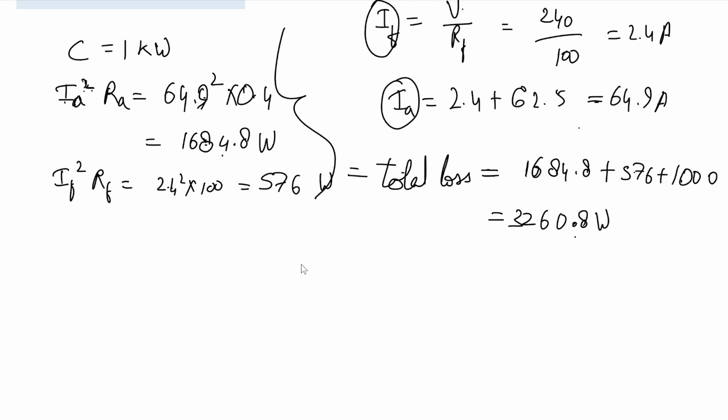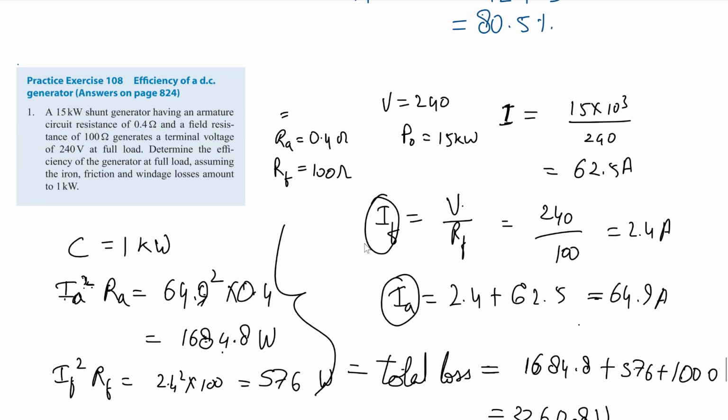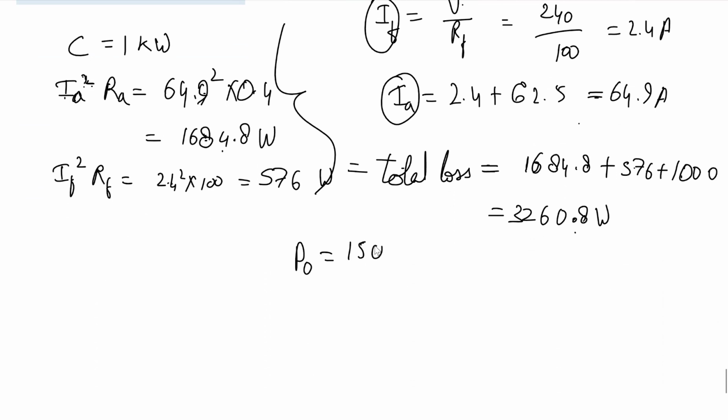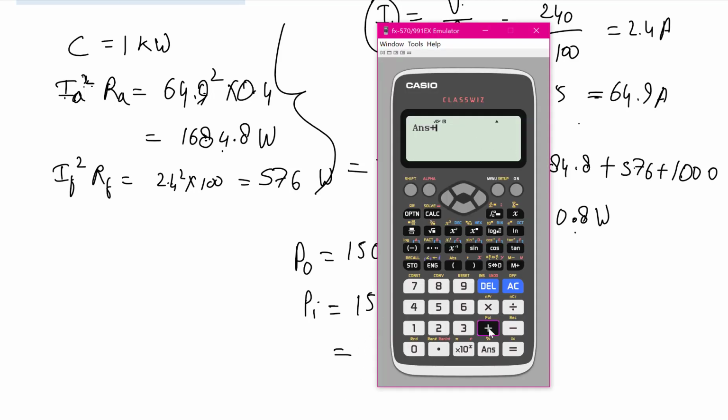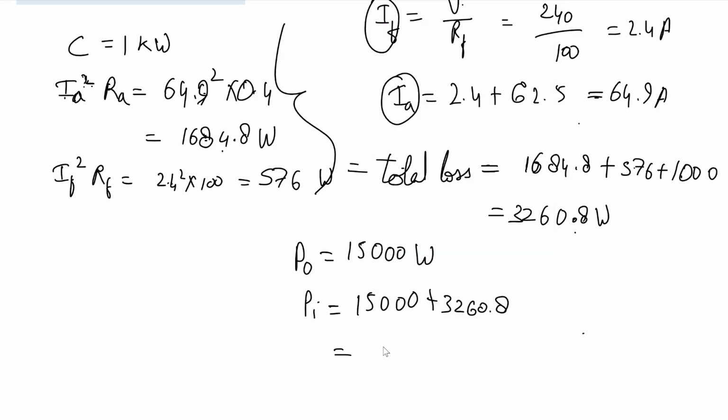So output power P output is 15 kilowatt, that is 15,000 watt. P input is P output plus losses, that is 15,000 watt plus 3260.8. So adding this 15,000, we got 18,260.8.